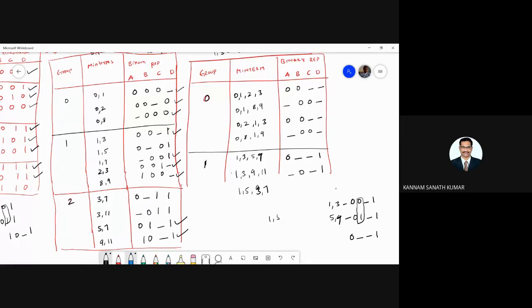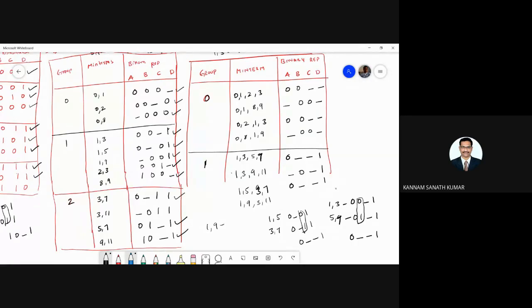So 1 comma 5 is 0 dash 0, 1, and 3 comma 7 is 0 dash 1, 1. This differs by one bit, so we get 0 dash dash 1. So 1 comma 5, 3 comma 7 is completed.